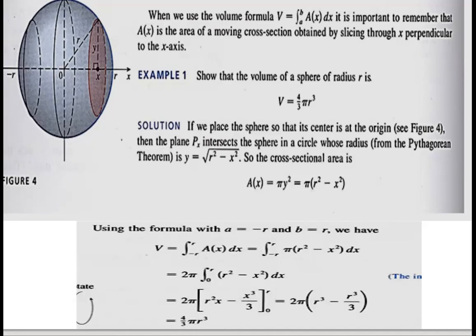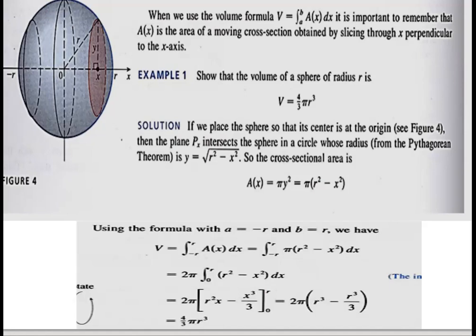I don't know if in high school they told you this. I think you learned this in high school under measurement, no? V is equal to 4 over 3 pi r cubed, right? Now, where did they get that from?